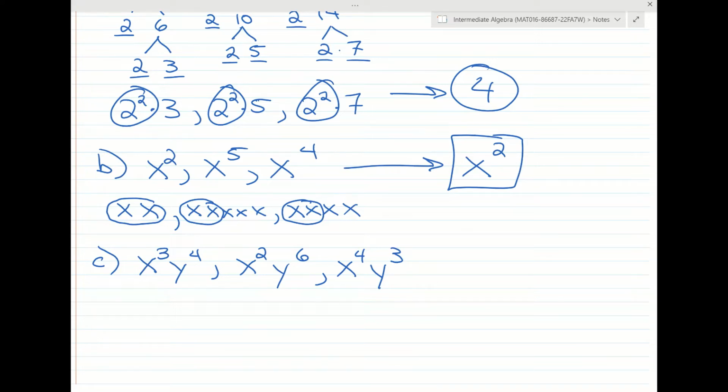So first thing, let's look at the x's. The smallest power between 3, 2, and 4 would be x to the second. And between 4, 6, and 3 would be y to the third.